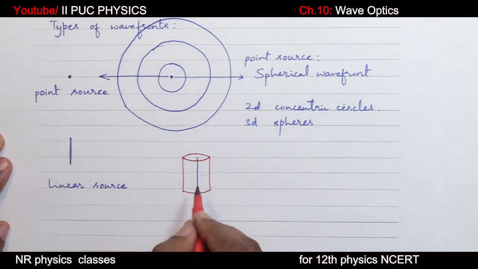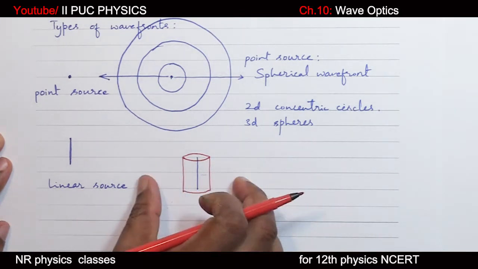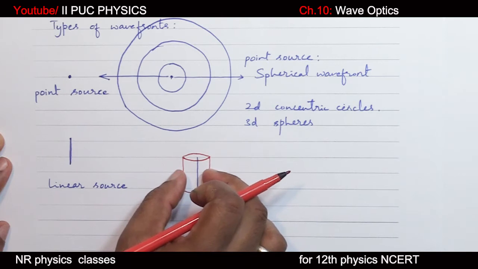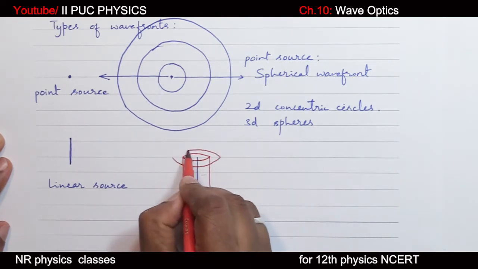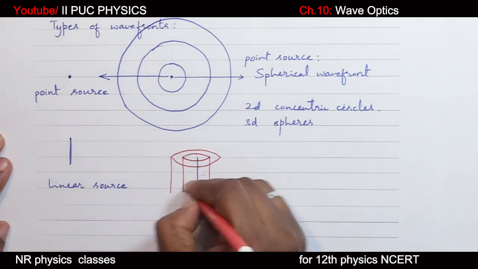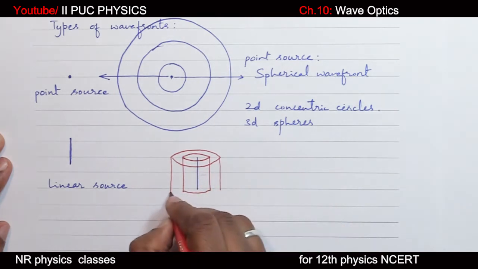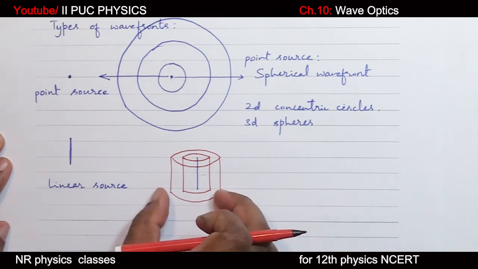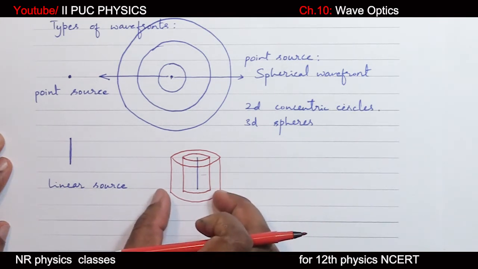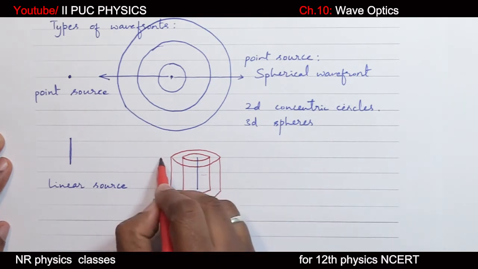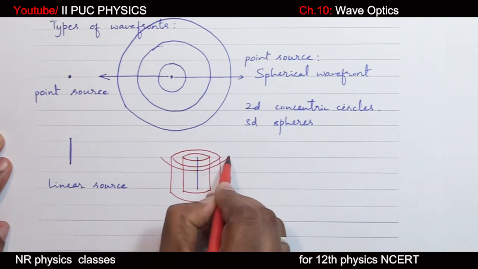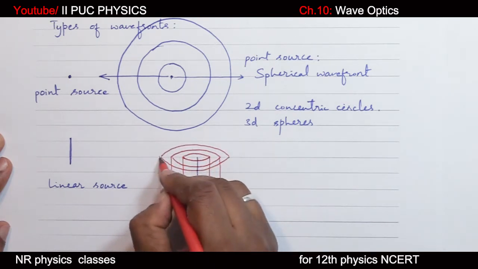After some time, if this wavefront spreads, that is, the disturbance spreads, then it looks like one more cylinder. This is the wavefront after some time. In some more time, if this disturbance travels outward, then this is the next cylindrical wavefront.